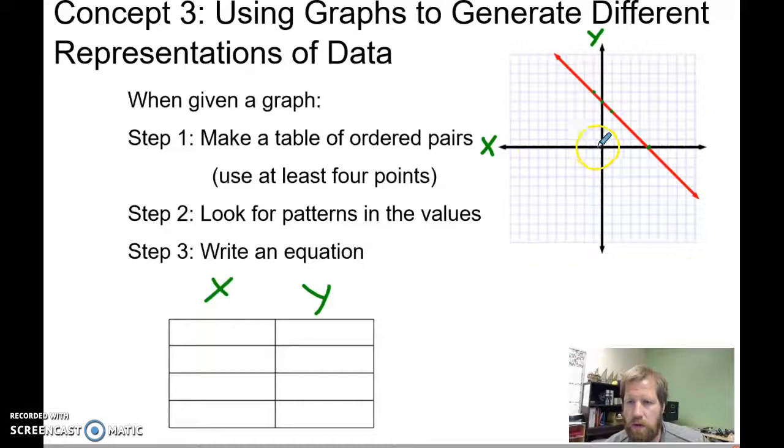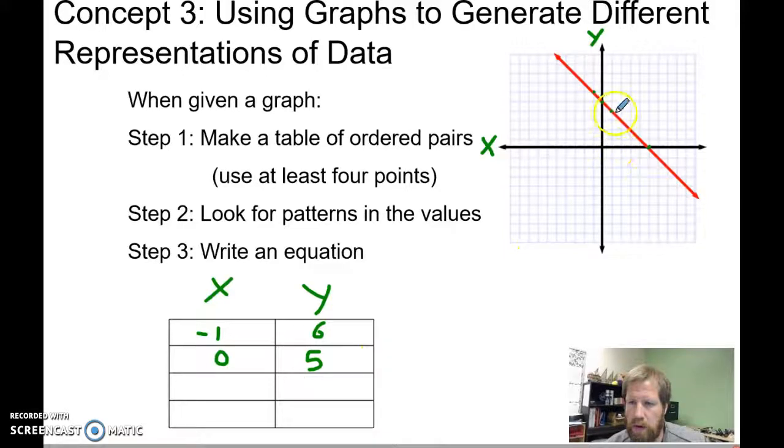Okay, so when x is -1, y is 1, 2, 3, 4, 5, 6. When x is 0, y is 1, 2, 3, 4, 5. 0 and 5.